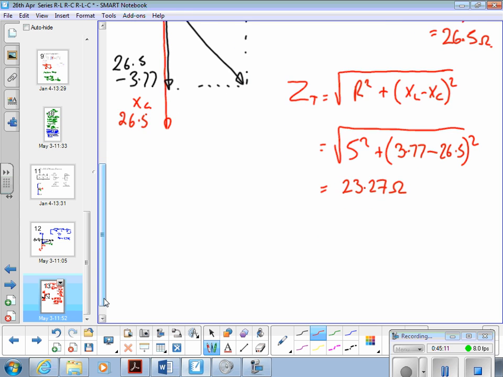And alpha, tan to the minus 1 of XL minus XC. I'm putting this in here like this so you know where it all comes from. Over that, over R.